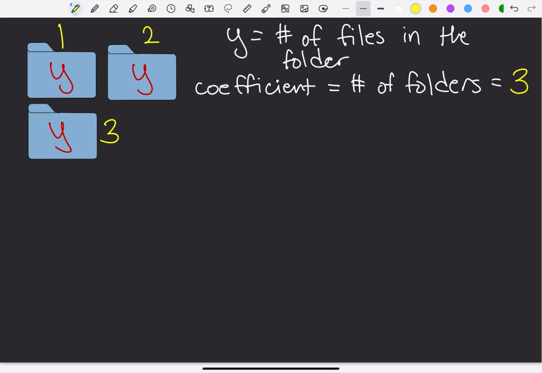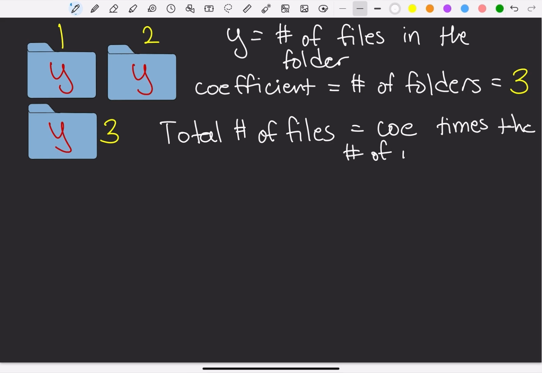There's our coefficient. So, how many files do we have in total? How do we find that? Remember that the total files is equal to our coefficient times the number of files in the folder.